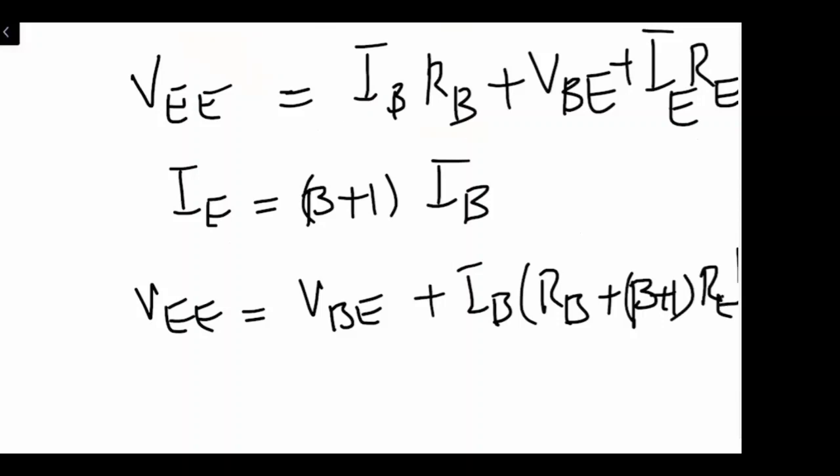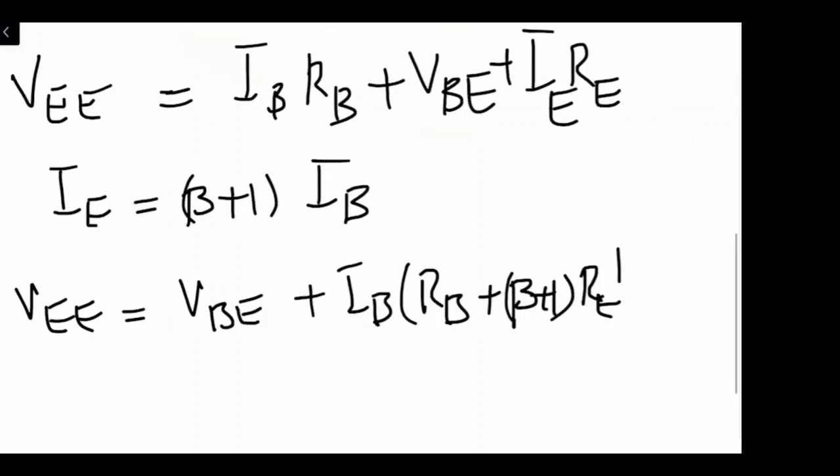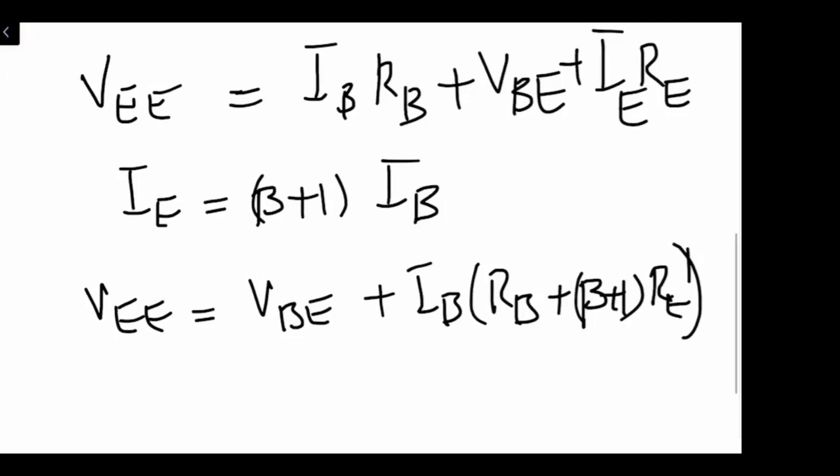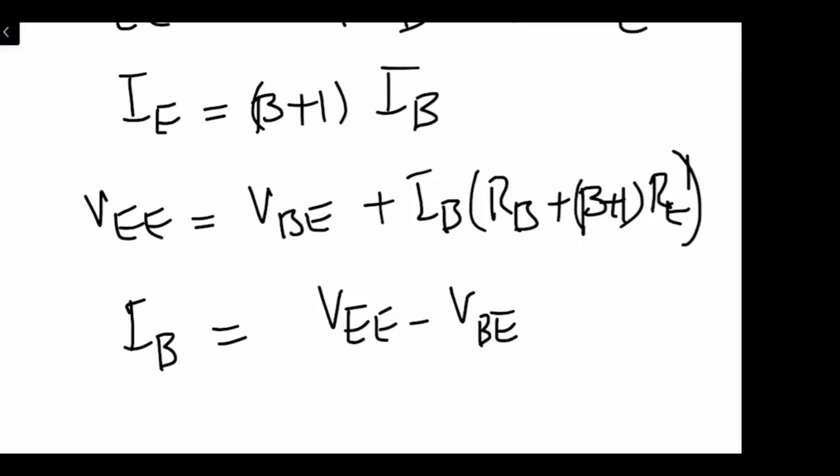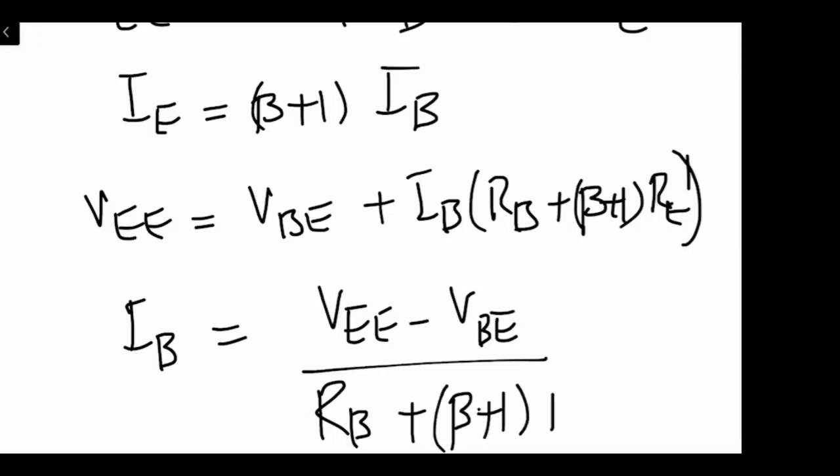Are you with me? Yes, sir. Right? Or we can say IB can be written as VEE minus VBE divided by RB plus beta plus 1 times RE. Are you with me?